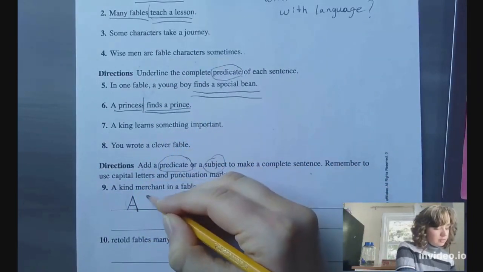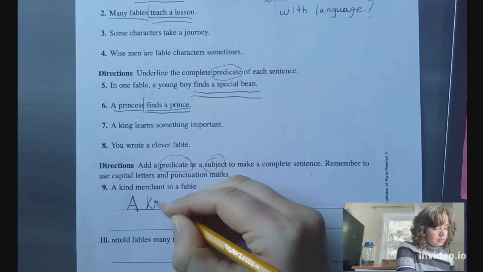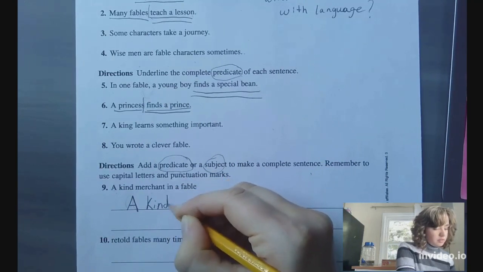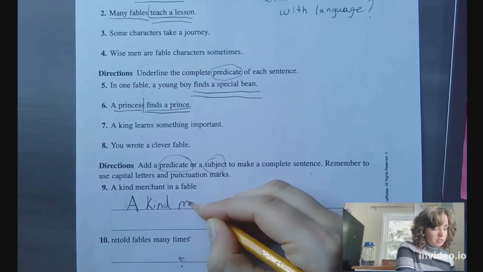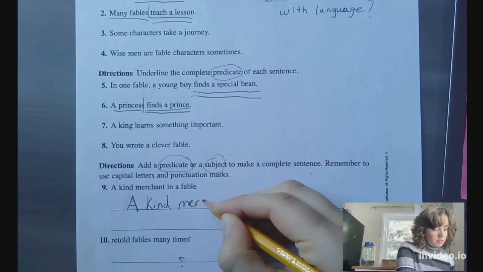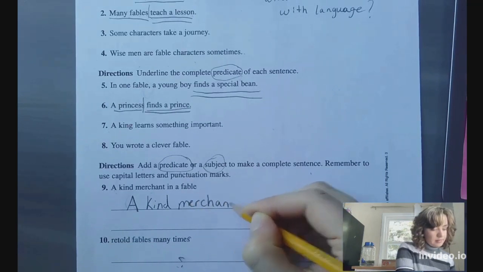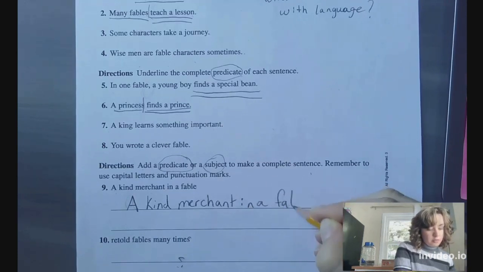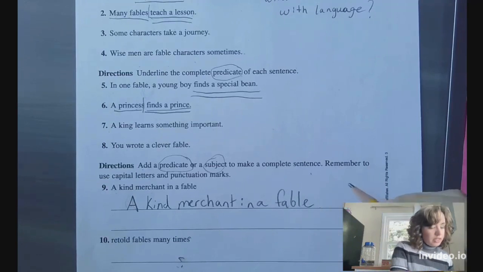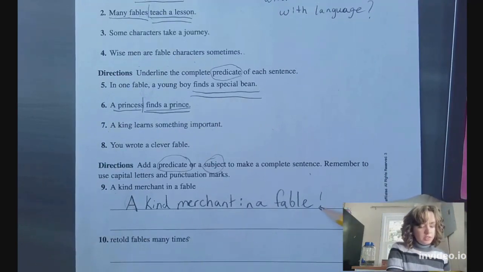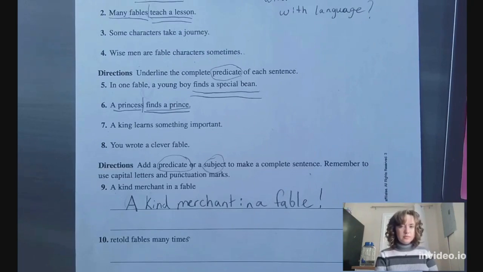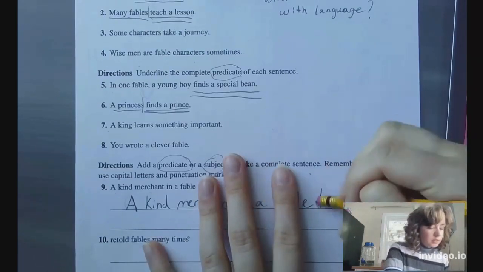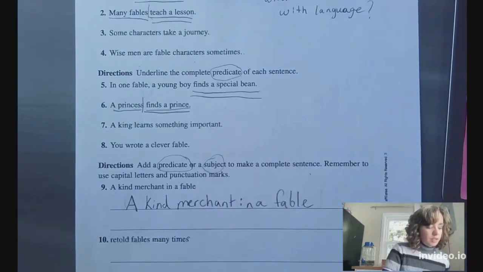A kind merchant in a fable. Now what do I need at the end? That's right, I need punctuation. Does this look like the correct punctuation mark? No. A kind merchant in a fable.